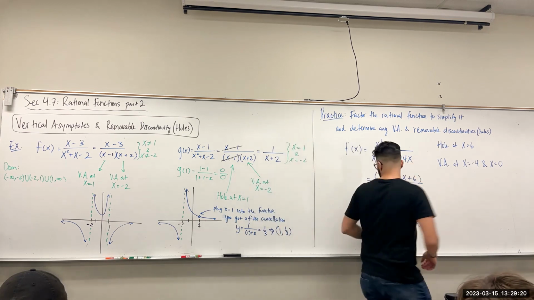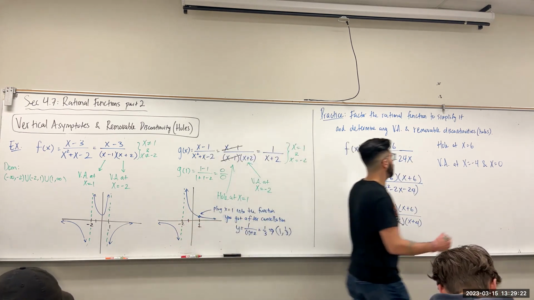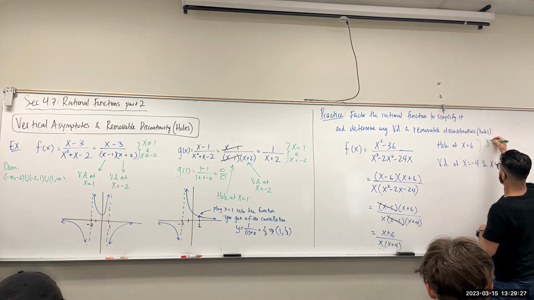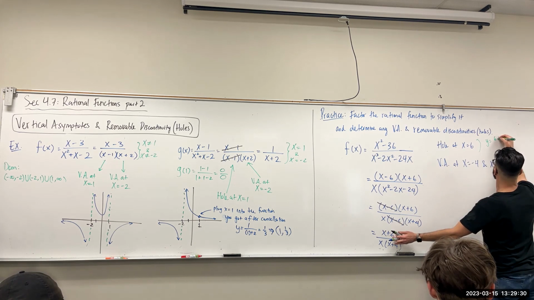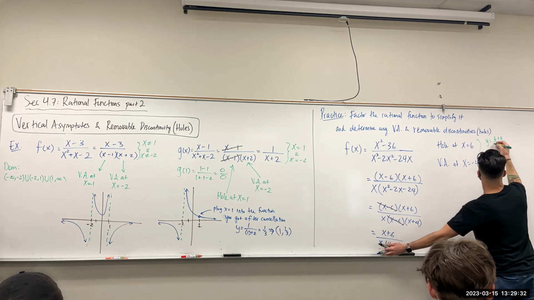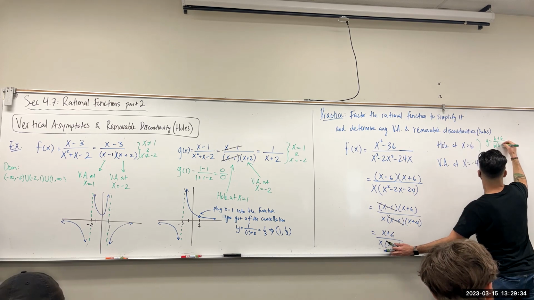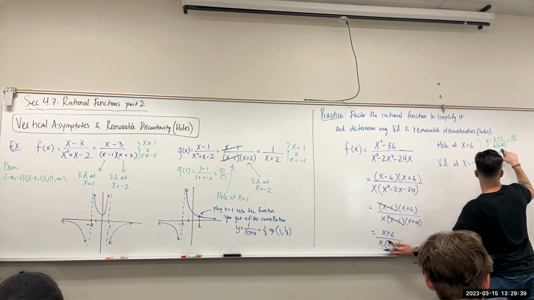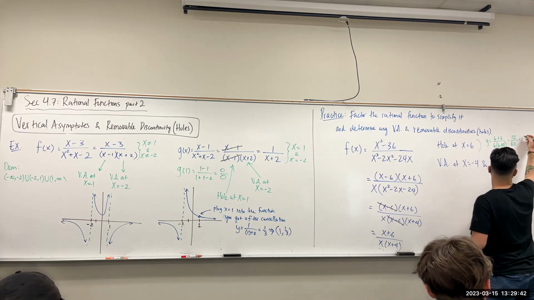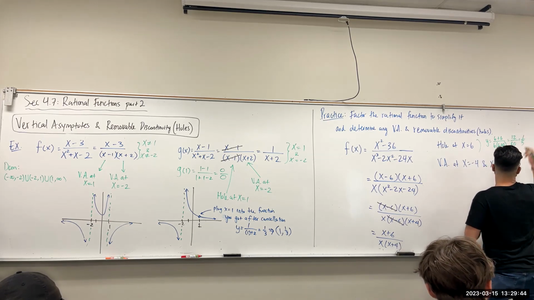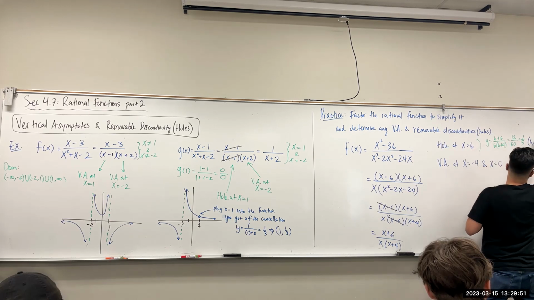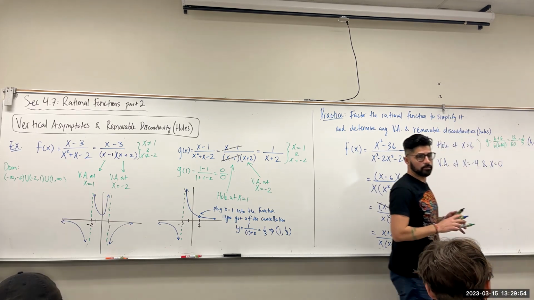So if I want to figure out where the hole is, you would plug in 6 into this guy here, which would give you 6 plus 6 over 6 times 6 plus 4, which is 12 over 60, which is 1/5. So you know that your hole is going to be at 6 comma 1/5.